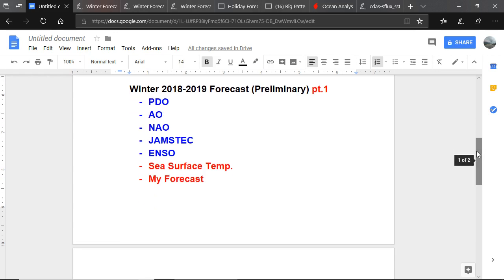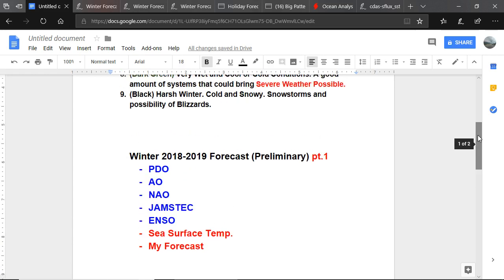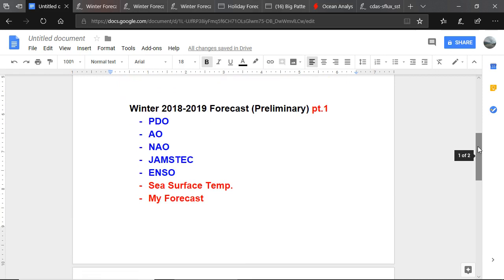That's where we'll be looking. My final forecast will possibly be in December. It's possible right now. It's wherever I feel comfortable where I should end it, which I'm not feeling really comfortable right now.